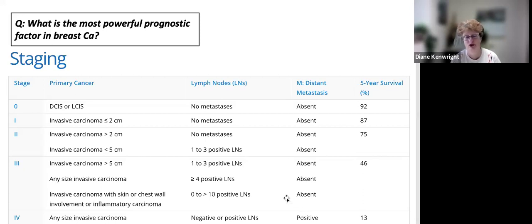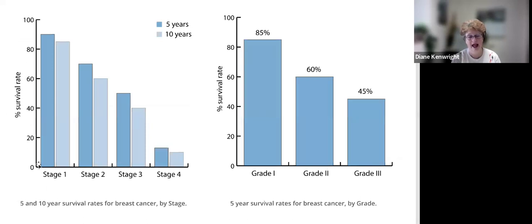The next adverse prognostic factor is whether or not there are lymph node positives. And then the next most adverse prognostic factor is the size of the tumor. So staging is the most important thing in prognosis, as we can see here. So if breast cancer increases in stage, survival rate decreases.